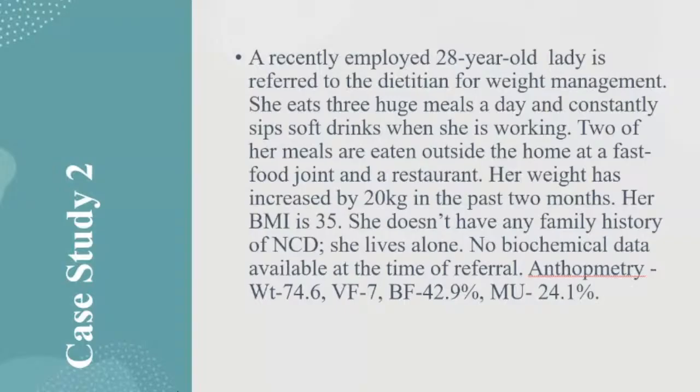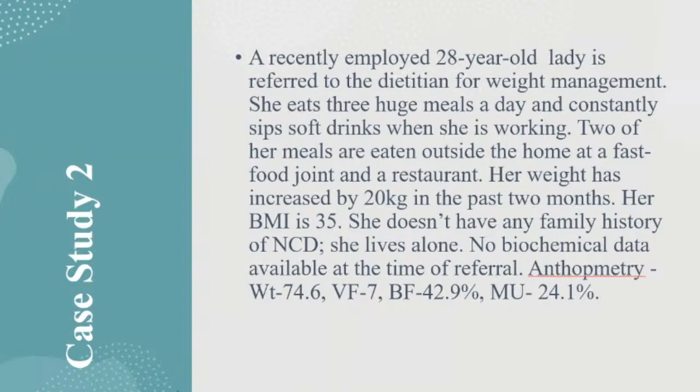I can see that this person is having junk foods, like soft drinks, and she has a sedentary lifestyle. She's not moving a lot, and she doesn't eat home-prepared meals.